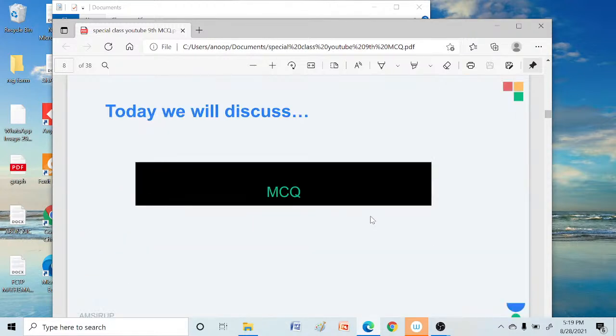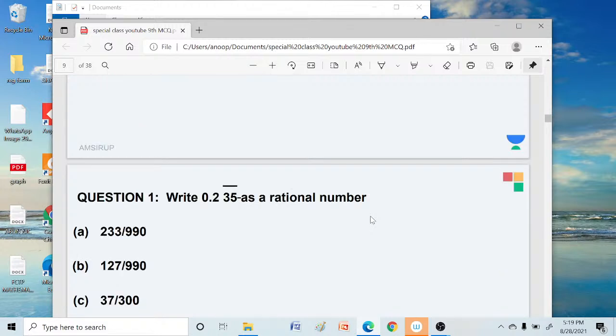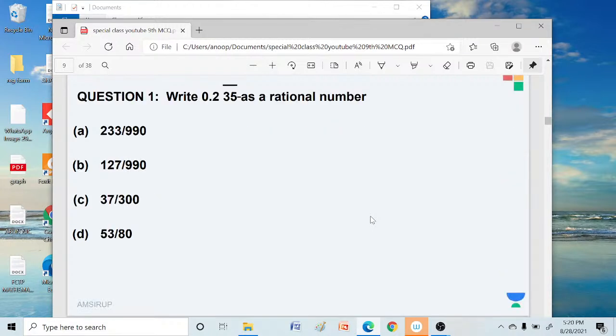Now today we will be doing some MCQs, that means multiple choice questions. The first one for you is to write 0.2 and then 35 with a bar over it as a rational number. These are the four options given to you.